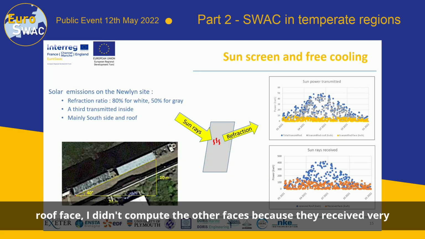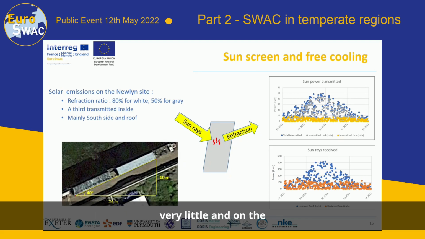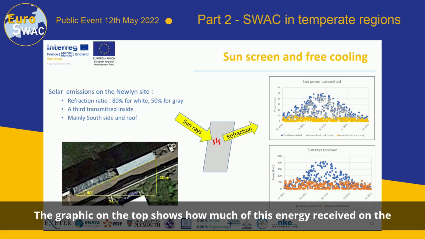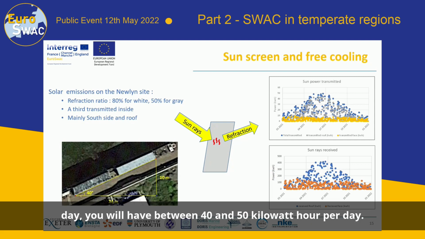I didn't compute the other faces because they receive very little. And the graphic on the top shows how much of this energy received on the container is transmitted inside the container. And you see that on a hot day, you will have between 40 and 50 kilowatt hours per day that is transmitted inside the container. So it's a lot of heat.